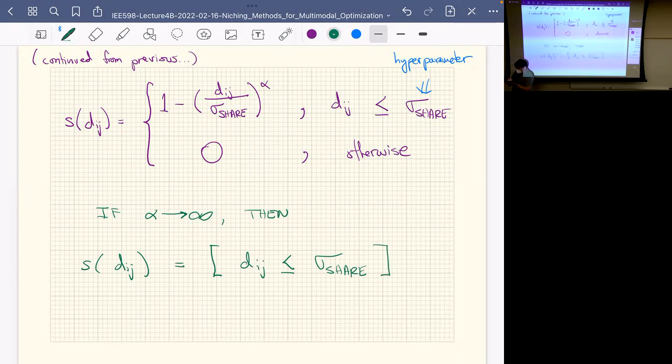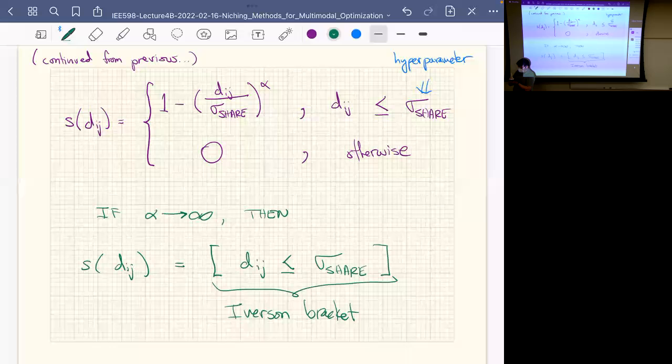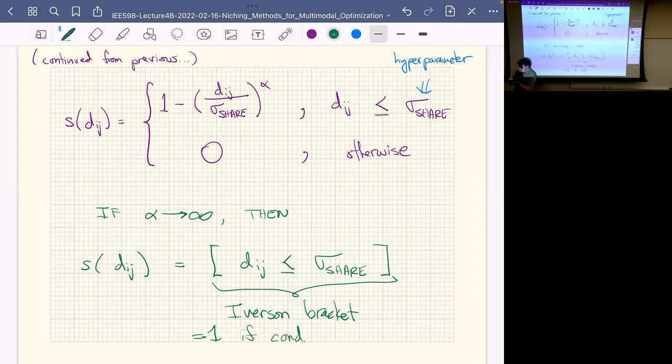This is called the Iverson bracket. So just a convenient notation to mean that it is equal to 1 if the condition is true and 0 otherwise.